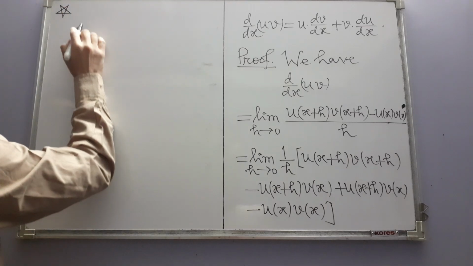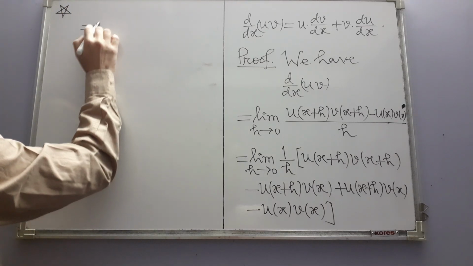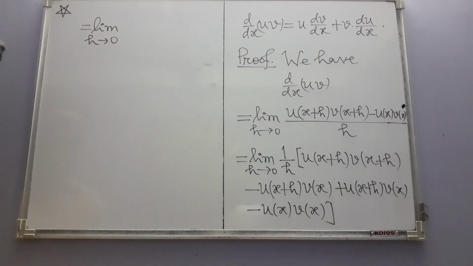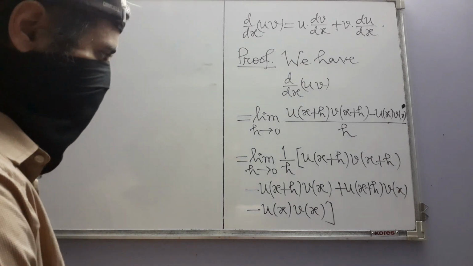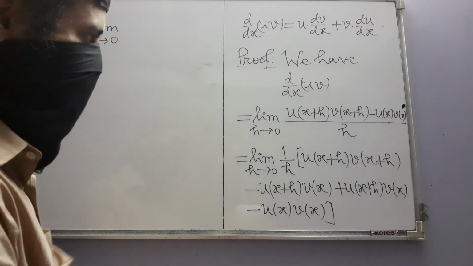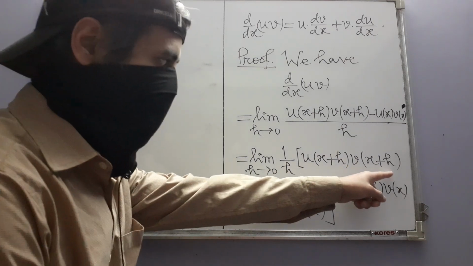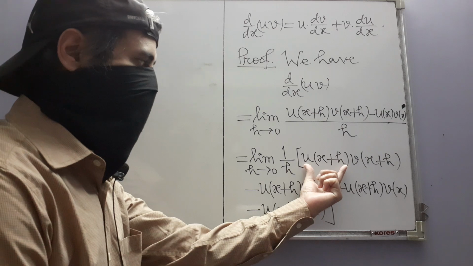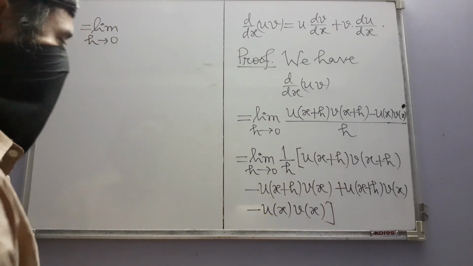We will now arrange things somewhat cleverly. You see that if you think of this term with this term, then there is a common factor which is u of x plus h.